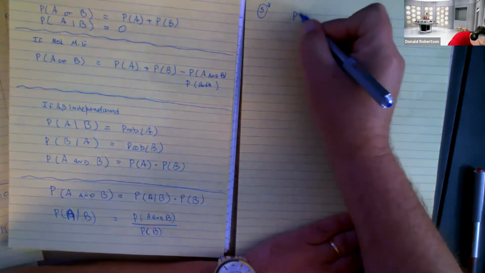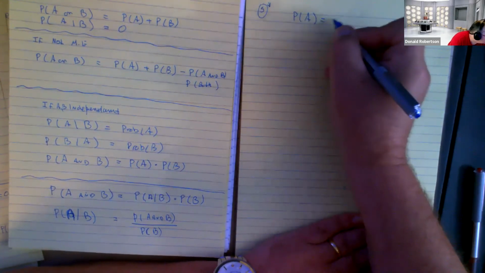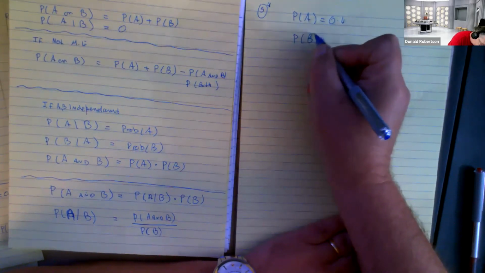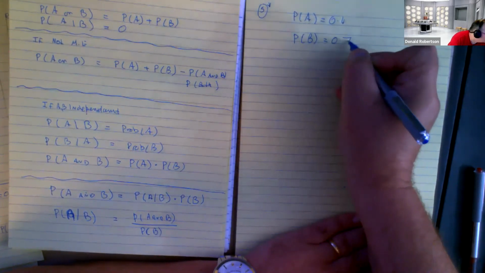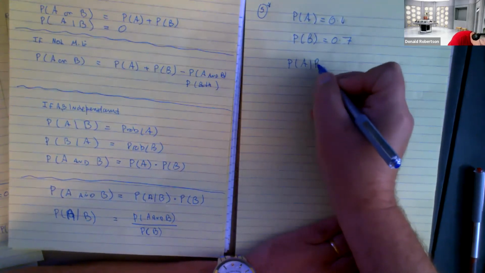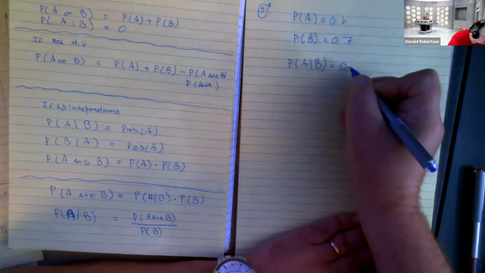We are told the probability of A is 0.4. We are told that the probability of B is, oh, that's very similar, 0.7. We are told the probability of A given B is 0.5.